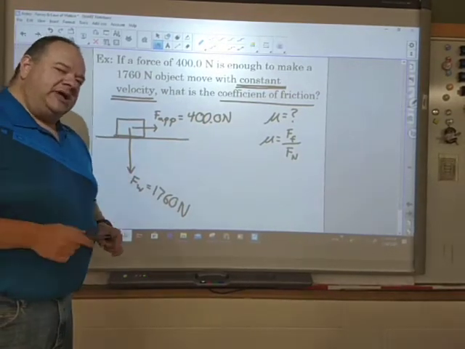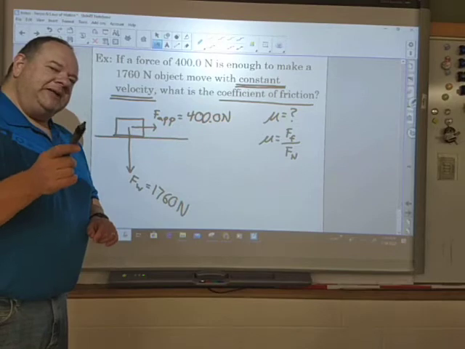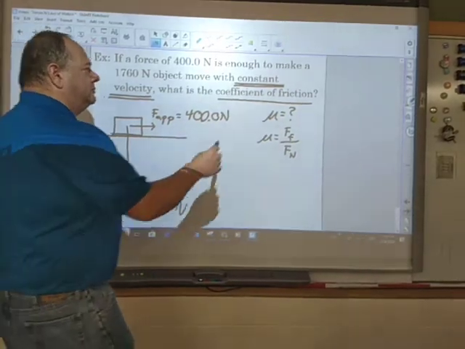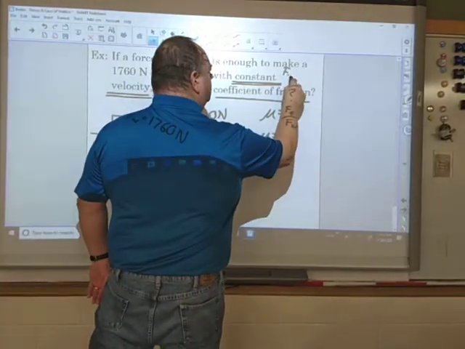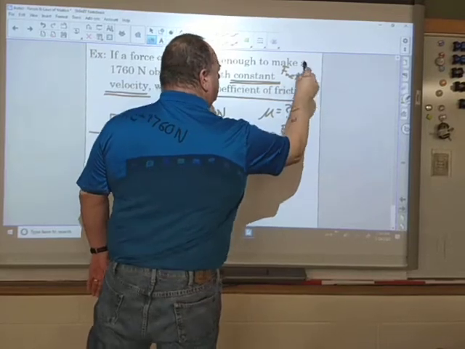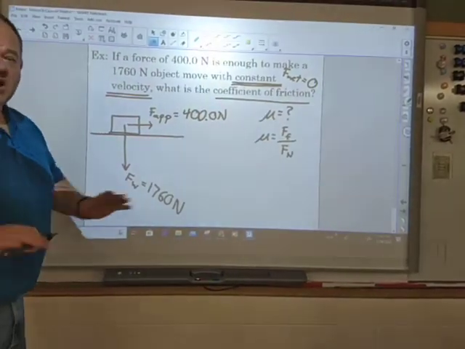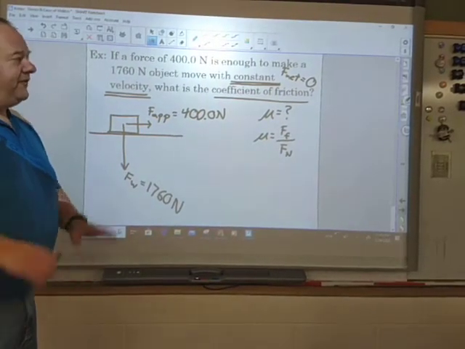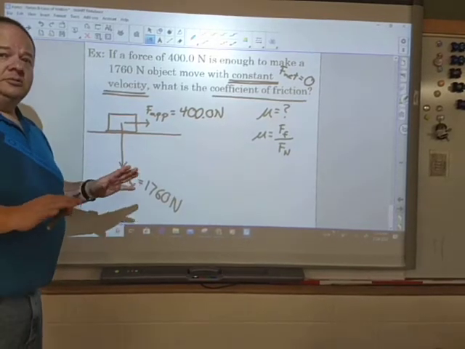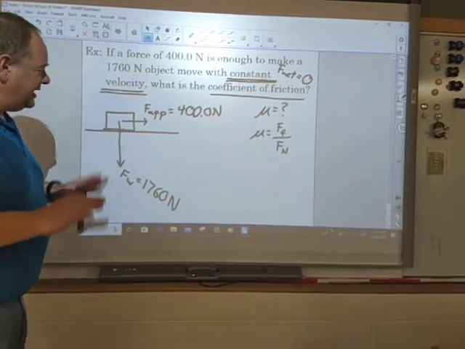If anything is moving at constant velocity, that means that the net force is zero. It's not accelerating. If there was any net force on it, it would be accelerating.